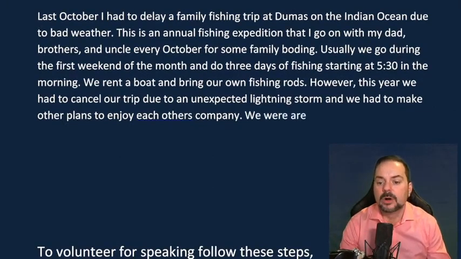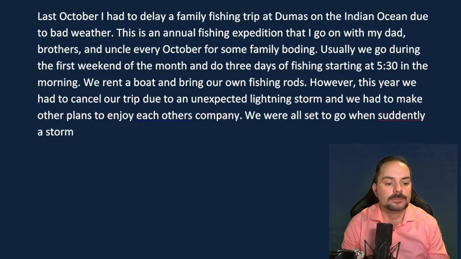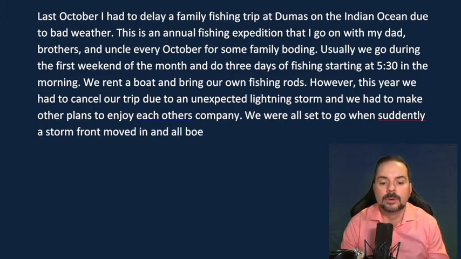We were all set to go when suddenly a storm front moved in, and all boats had to stay in the harbor.